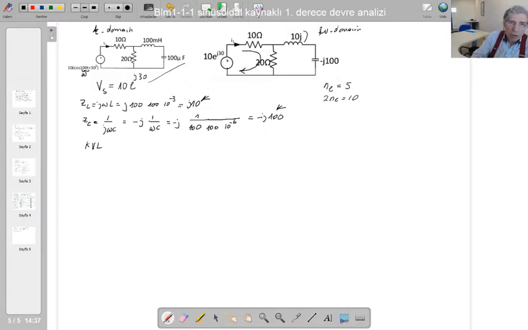So I have chosen this one first, and for the second loop I have chosen this loop direction. This element current is I1, the reference already chosen. I will now choose a current reference for the resistor like that. You know that you could choose these references as you like, but I have chosen them as clockwise.